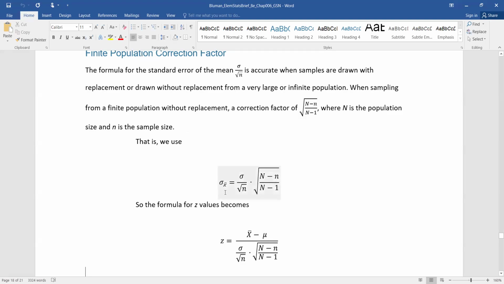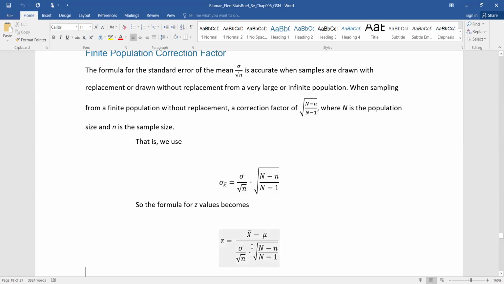Thus, the standard deviation of the sample means now goes from the standard deviation divided by the square root of the sample size, times the square root of the population size minus the sample size divided by the population size minus 1. So the formula for z-values can now become this one right here.